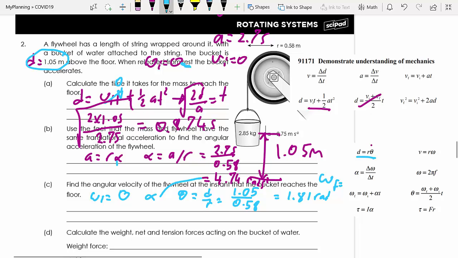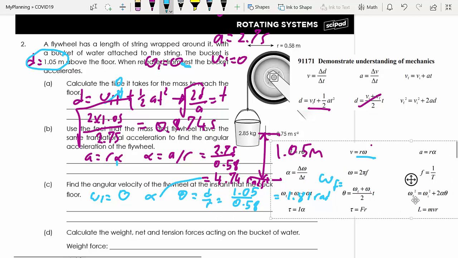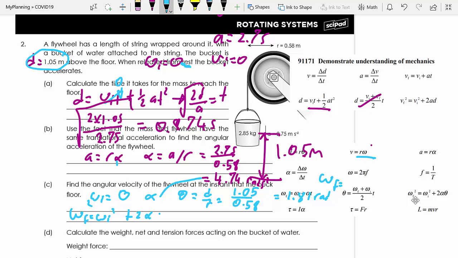And so I'm looking for an equation that doesn't have time in it. And so if I look at my formula sheet, which one doesn't have time? Omega F squared equals omega I squared plus 2 alpha theta. And because I know that is 0, that makes it simpler.